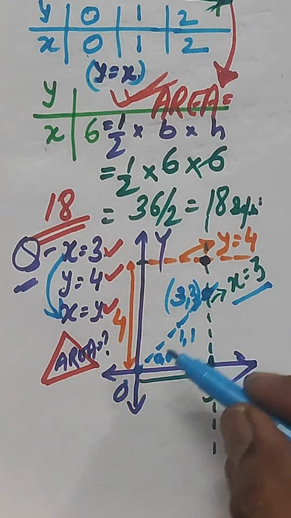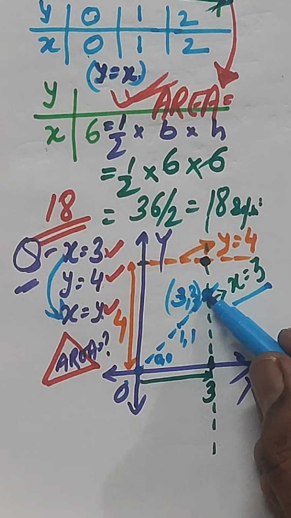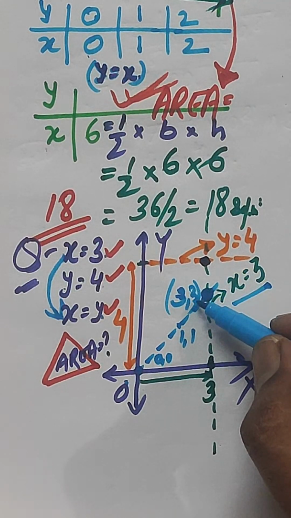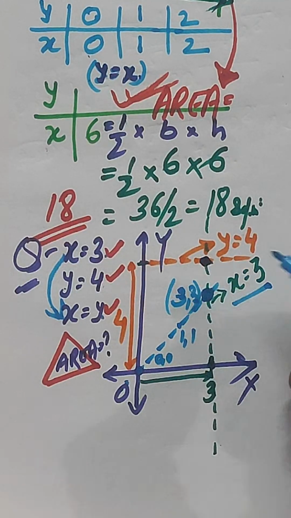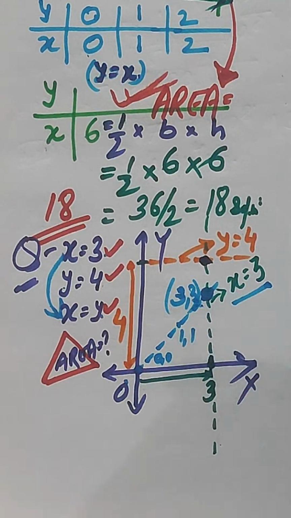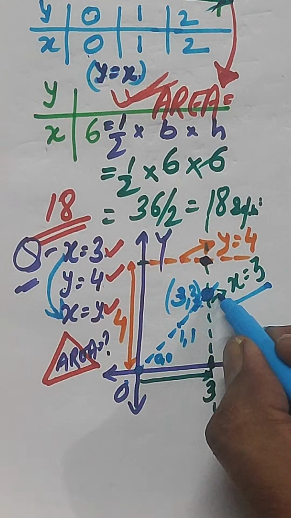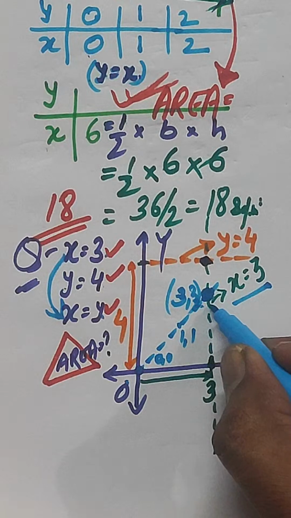So both these lines will intersect here at 3, 3. The coordinates of the intersection point will be 3, 3. So this will be one of the vertices, not this one, right? 3, 3. Now to find from one side, this is the boundary, this is the boundary.